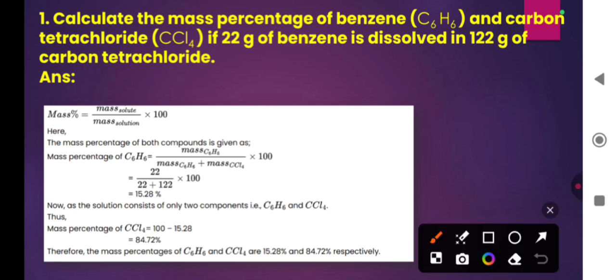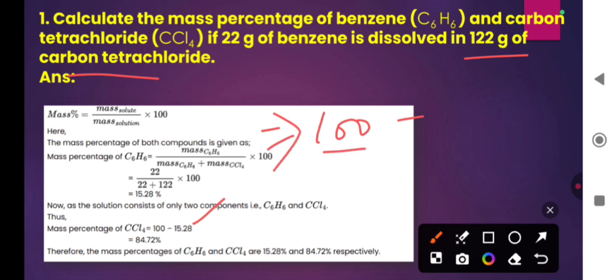But if you want to solve the mass percentage of the other component, carbon tetrachloride, you can directly use this formula: 100 minus mass percentage of one component. Why have we taken 100 minus? Because it is a percentage, and percentage is always calculated out of 100 only. So 100 minus 15.28 will give the mass percentage of the other component.